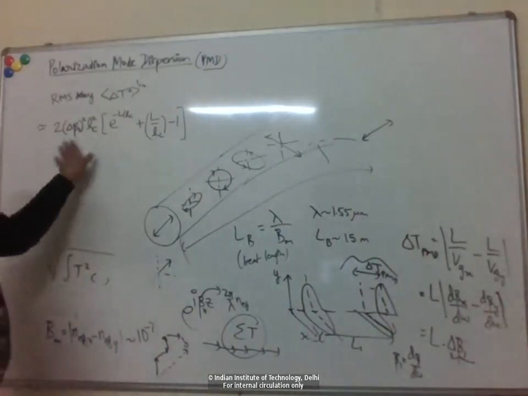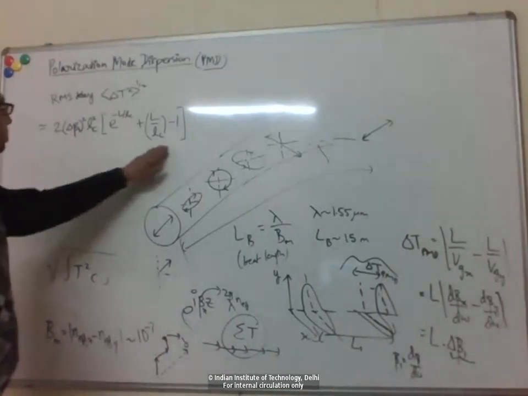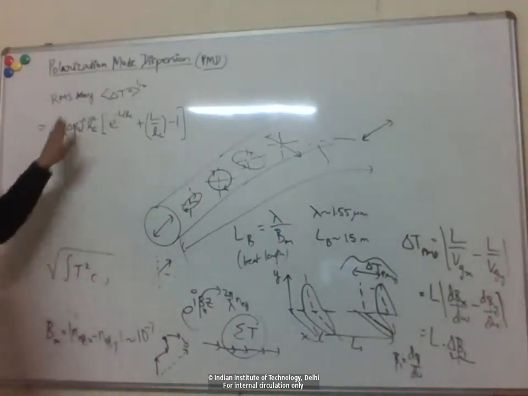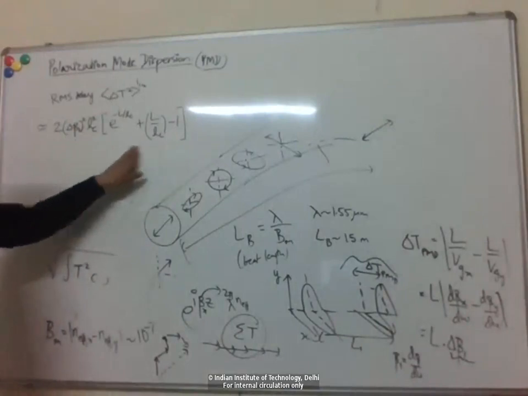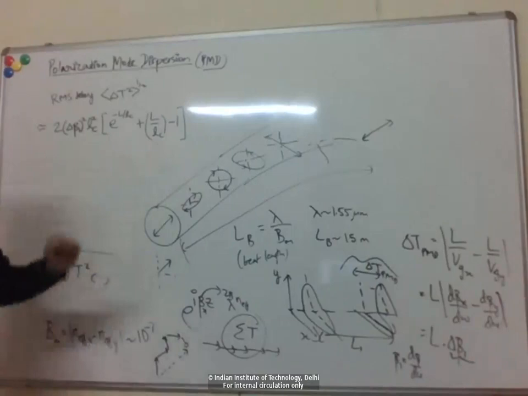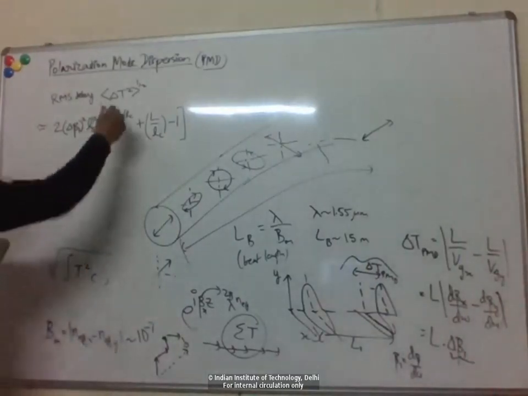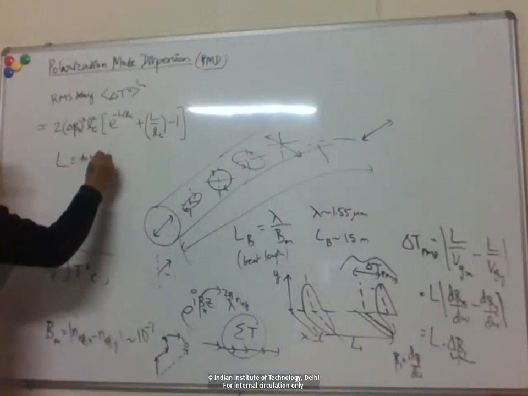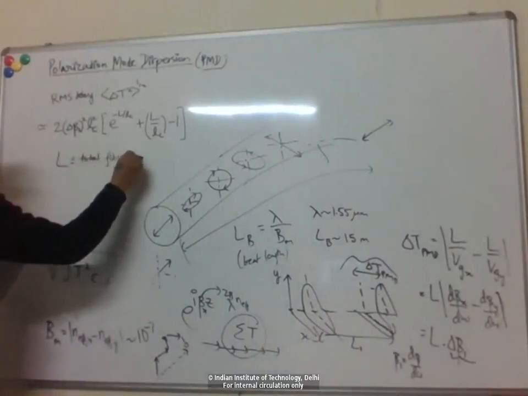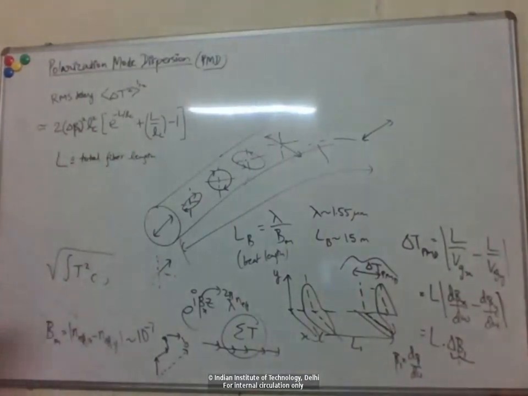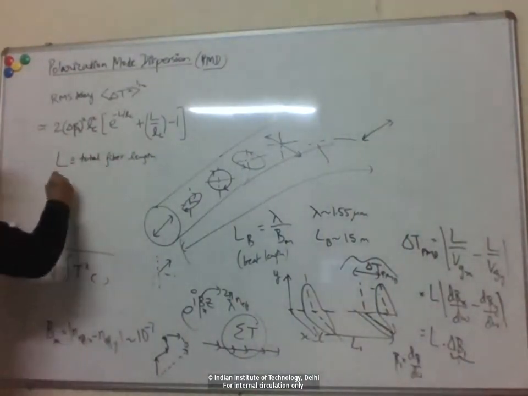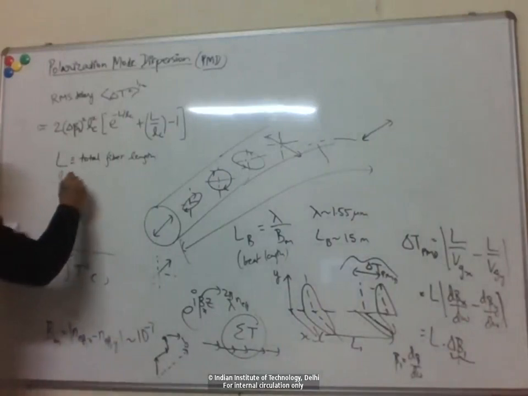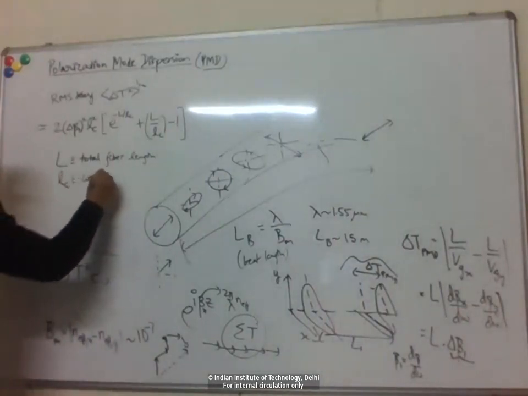Again, we won't go into the details of how this is modeled, but this RMS delay gives you an expression like this, where capital L is the total fiber length, and L sub C is known as the correlation length.